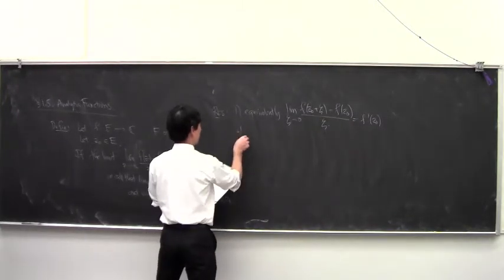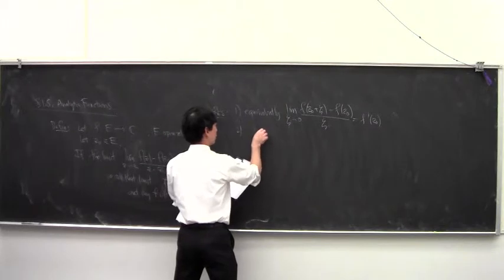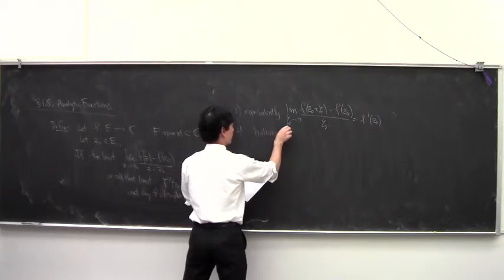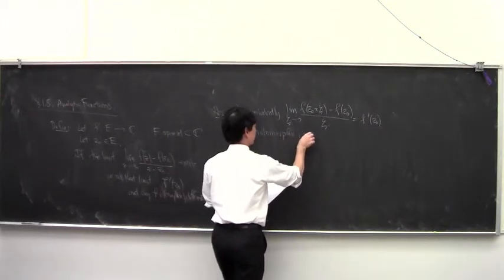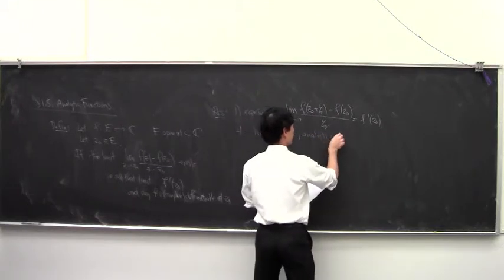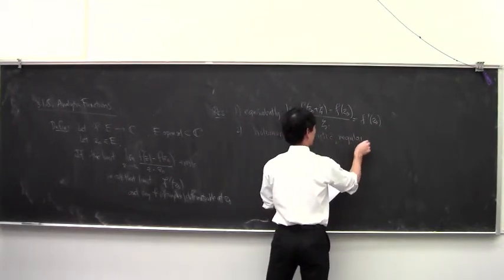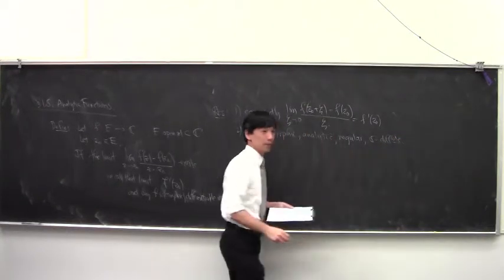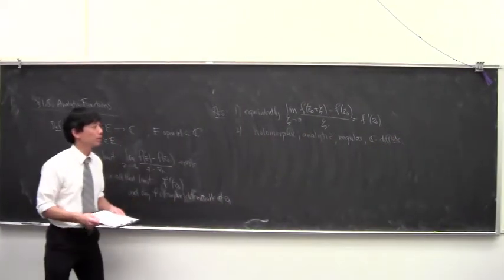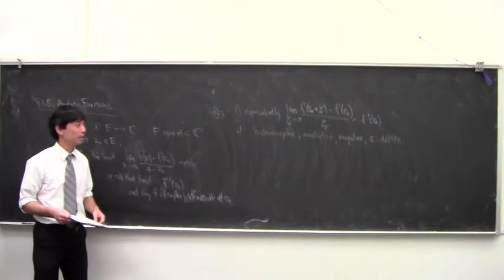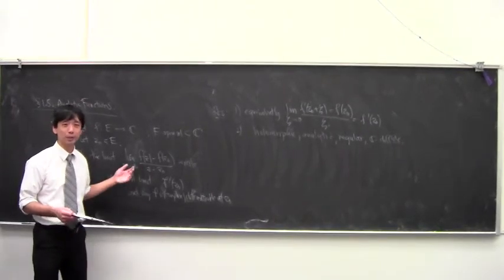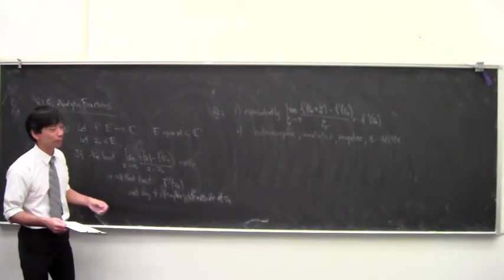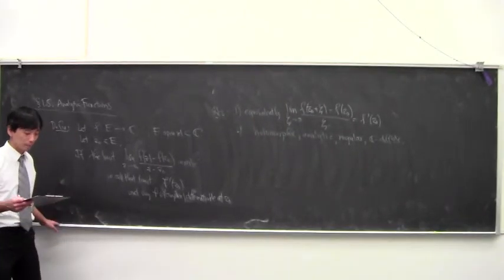Another remark, I think I mentioned this before: holomorphic, analytic, regular, complex differentiable are all basically the same terms. So if you see a holomorphic function, it simply means that your function is differentiable. Analytic function, regular function, it's all the same.